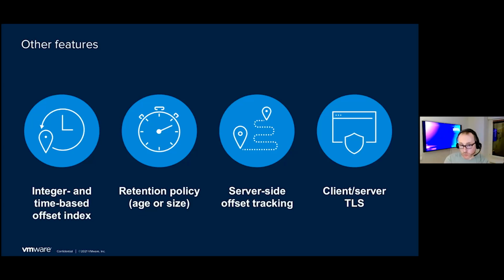You can choose also to store your offsets somewhere else, but there's this feature on the server side. And we have also TLS for client-server communication. So this is a reasonable set of features for a first release.